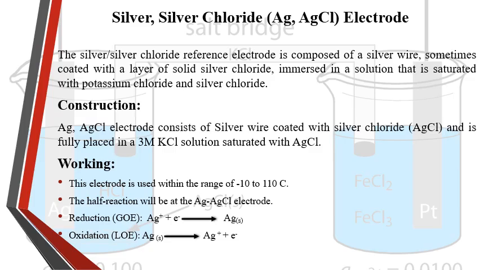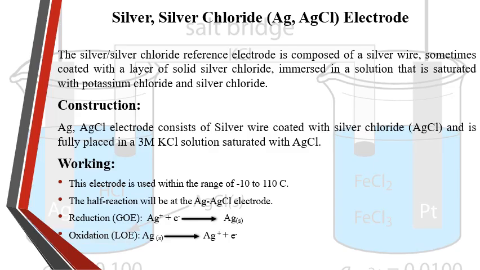The silver chloride electrode is another electrode composed of silver wire coated with silver chloride and immersed in a solution saturated with potassium chloride. It's commonly used in potentiometric measurement due to its reliable potential, same as the saturated calomel electrode, where the silver wire is coated with the silver chloride.